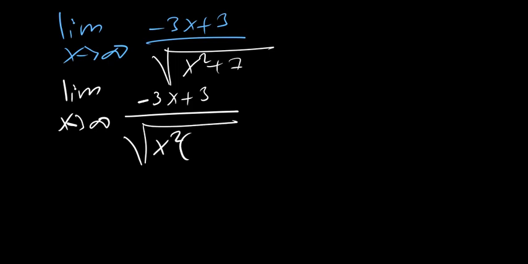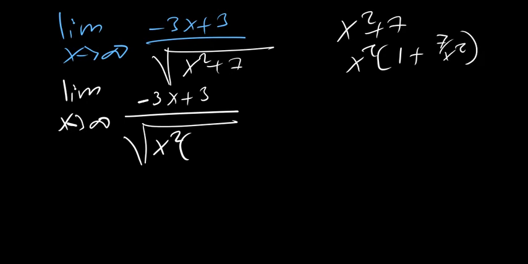Now, if I factor out x squared, x squared divided by x squared is 1, and 7 divided by x squared is 7 over x squared. I hope you're okay there. That's what I'm going to replace with here. We are good to go?